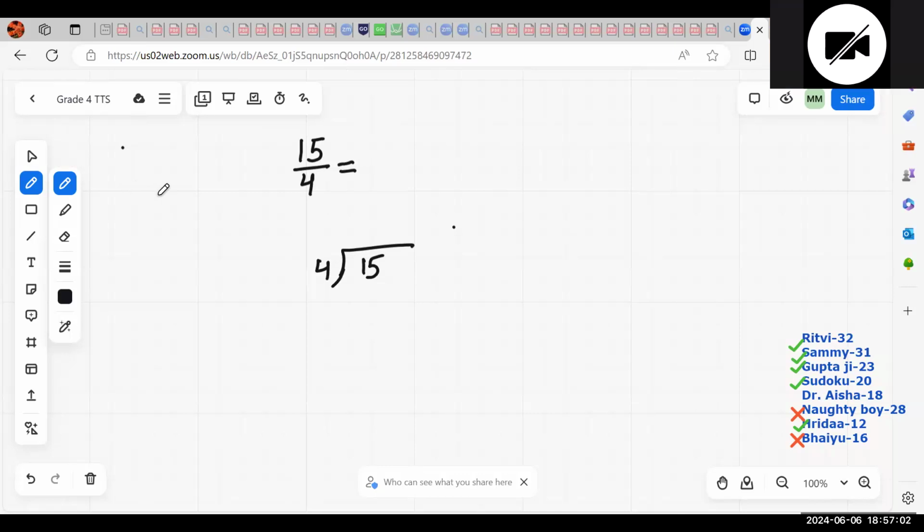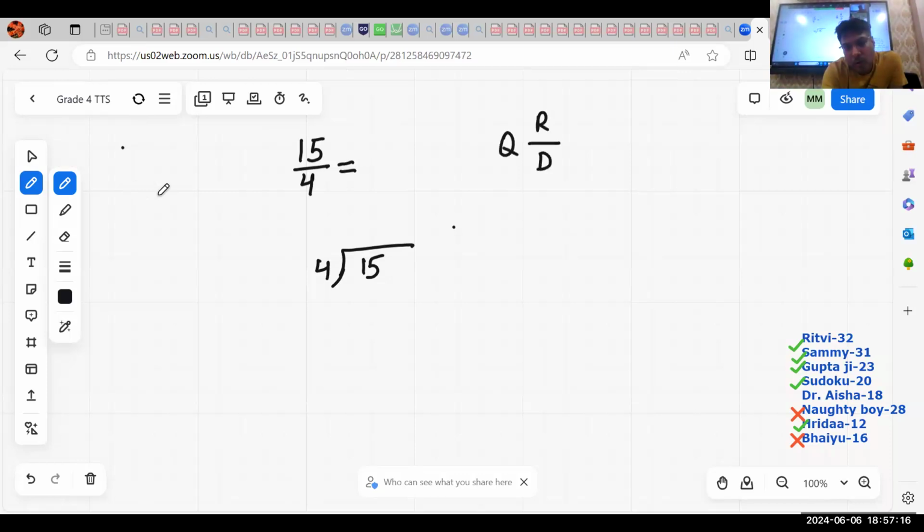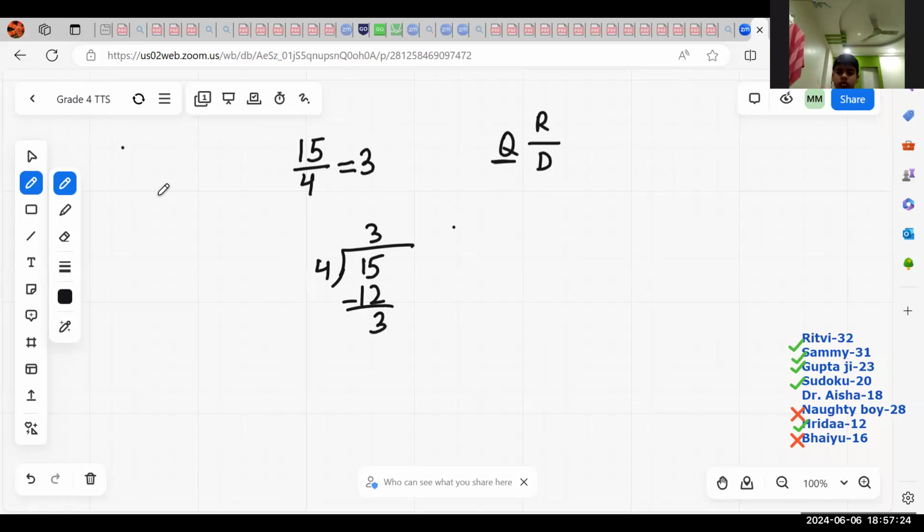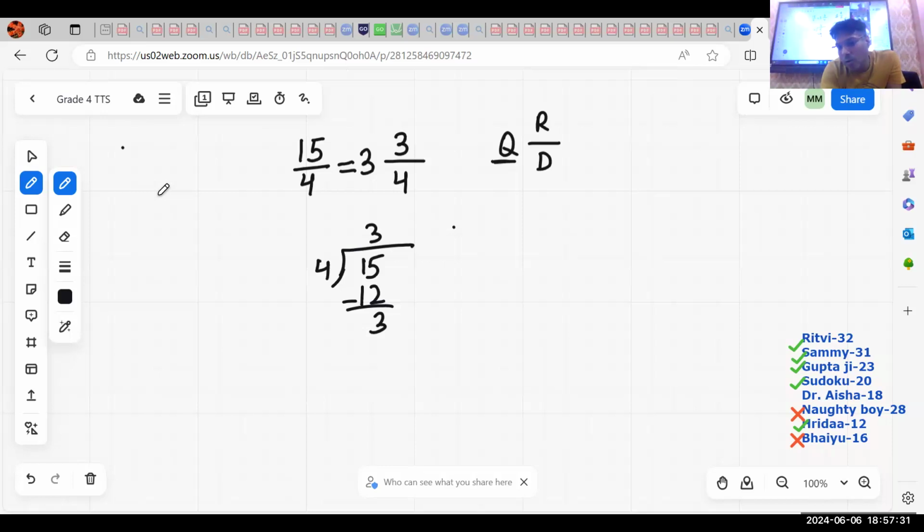Sir, 3 slash 15 slash 4. Beta, why 15? I said QRD. So 3 is the quotient. And what's the remainder? 3. So 3 will come here and 4. So 3/4 will be my answer. Understood, Bhayu and Naughty boy? Yes, sir. Okay, next question.